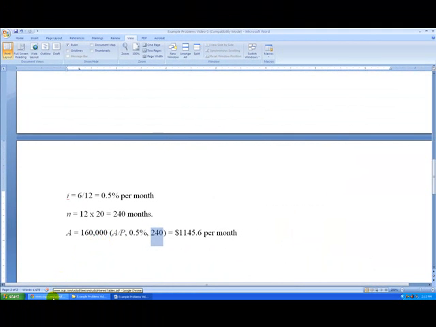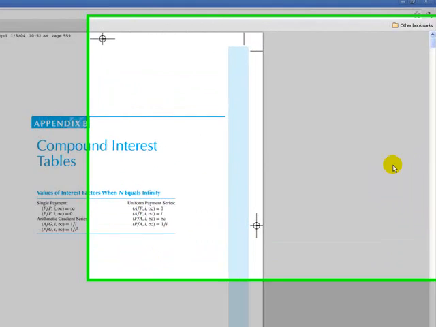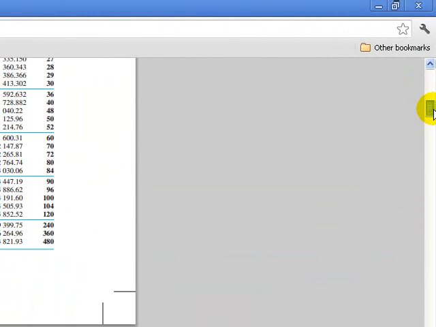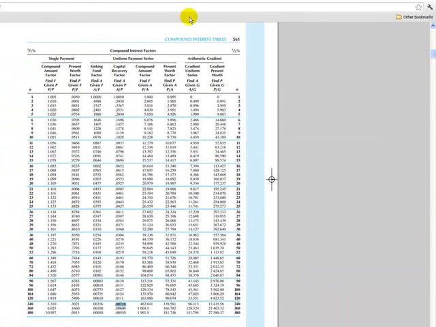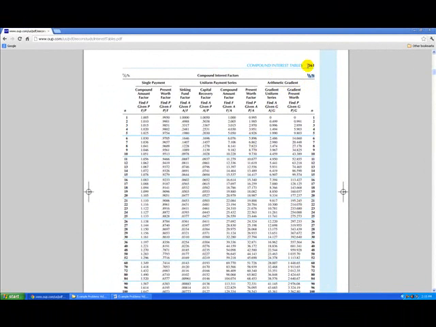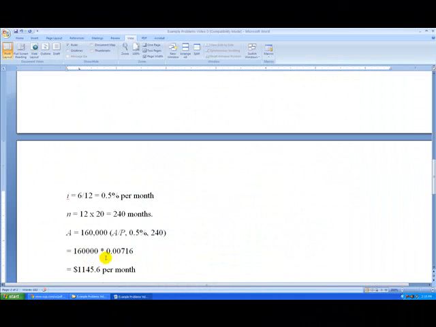So we go back to the table again, and I want to find the A given P factor. The I is 0.5%, right? So we need to look at the 0.5% interest rate table, which is right here. Now in this table, the N that we have is 240.